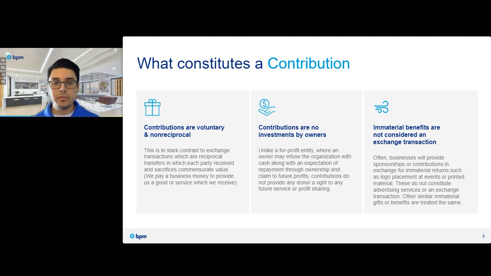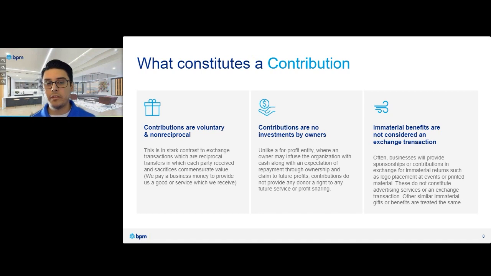Think when you go to the store, you give somebody money equal to the value of, or what you feel is a reasonable value for, the good or service that you're getting in return. So there's an exchange of commensurate value. In a contribution, that doesn't exist. There is no return being provided for the donation that's being given to the nonprofit organization.